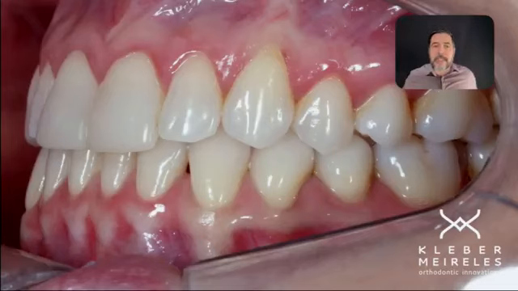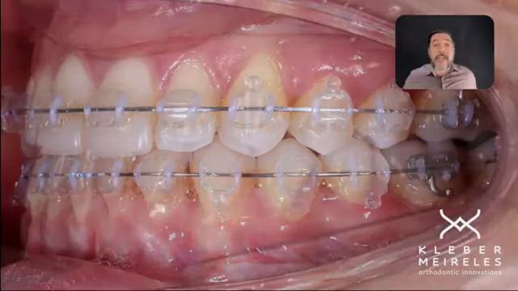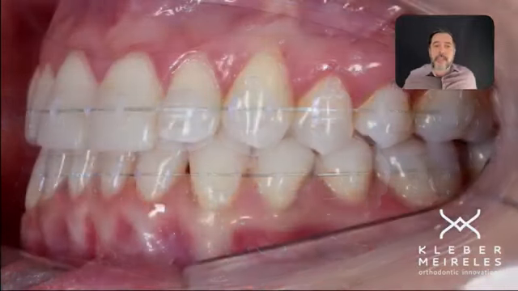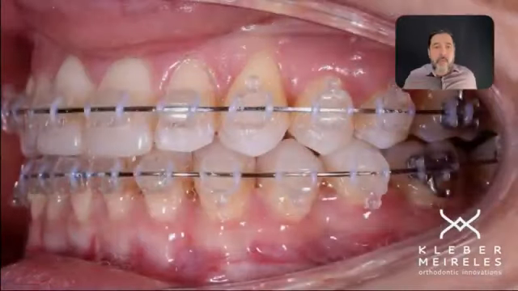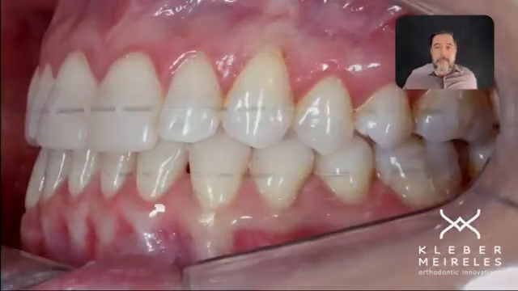And look at this. This is a class 3 case with a compensatory inclination. And after surgery, you see that the correction of the inclination is very clear here. Because in this case, what we see is compensation and out of compensation.